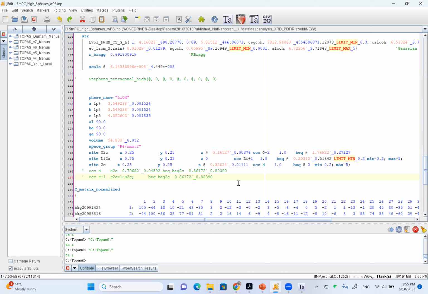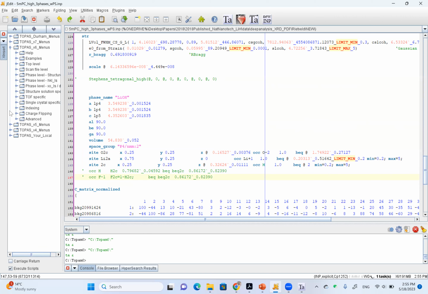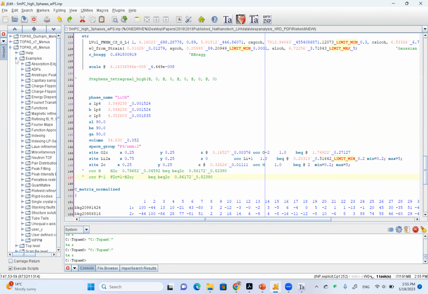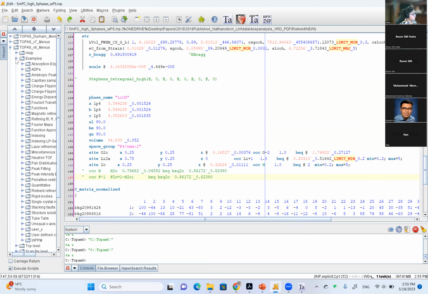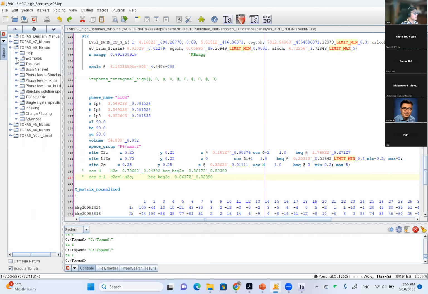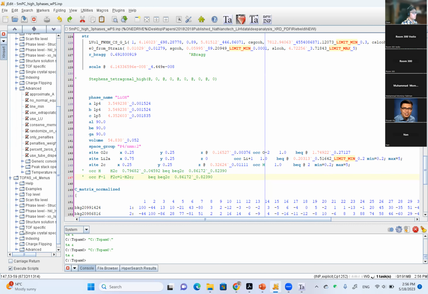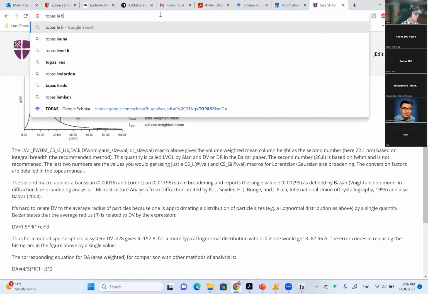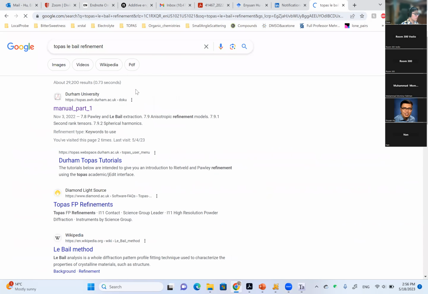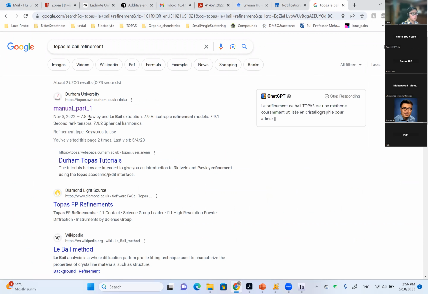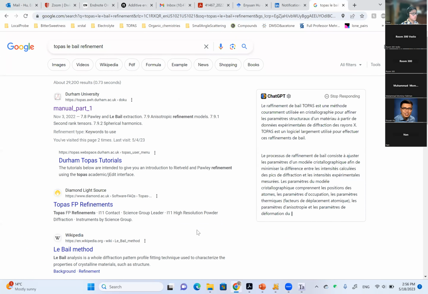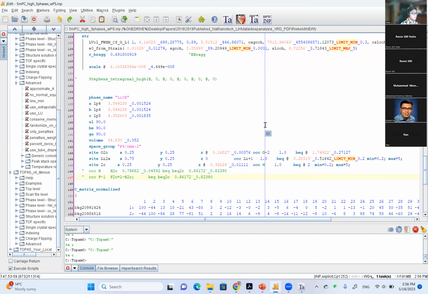Pauli, yes. Pauli and the Le Bail refinement. They basically have the same philosophy. So you need to know that there are two kinds of refinement.